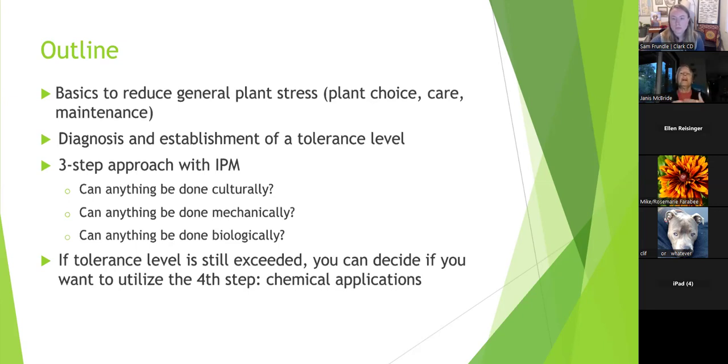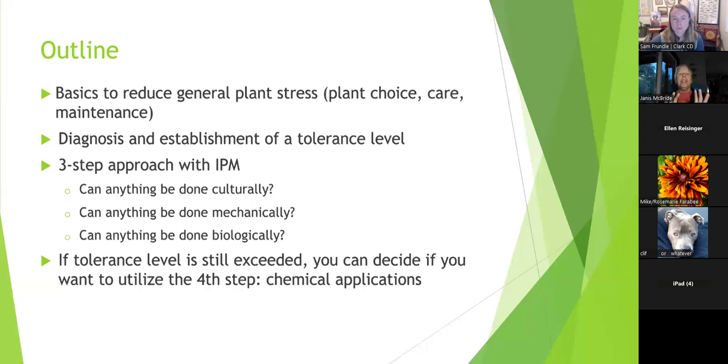Then we're going to talk about how we diagnose an issue and establish a tolerance level. It's not reasonable to believe that we would have a garden and have 0 pests.